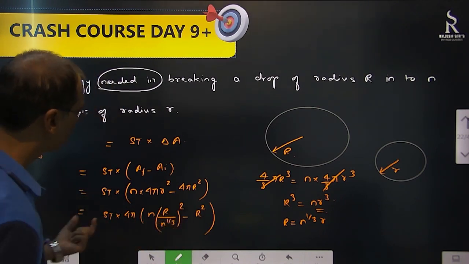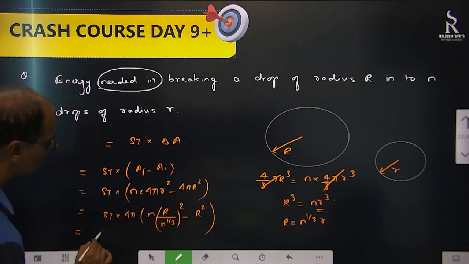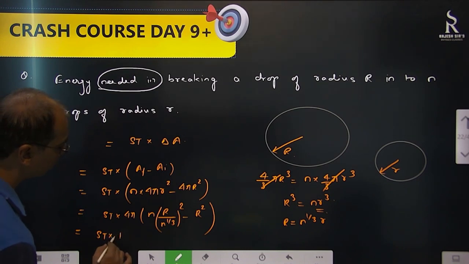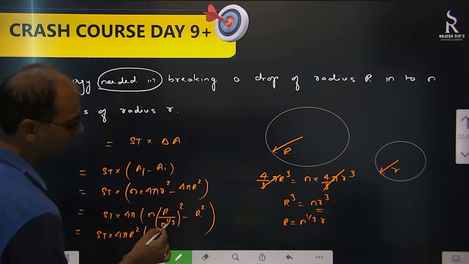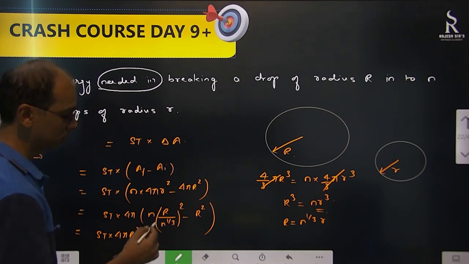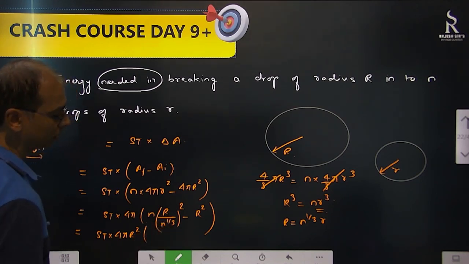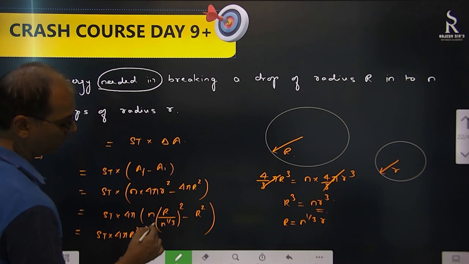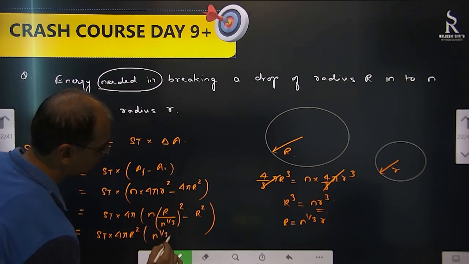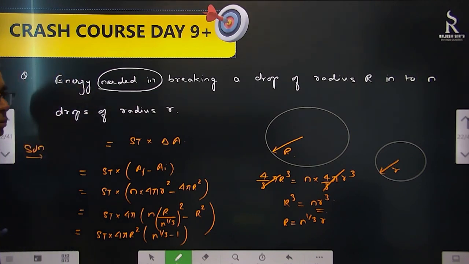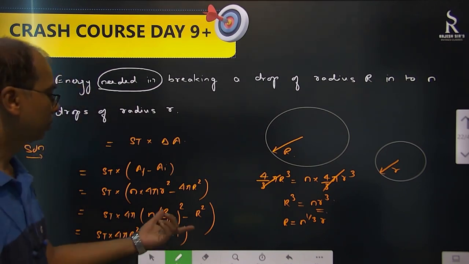So R square you can take outside: surface tension into 4 pi R square, n by n to the power 2 by 3. Square is there, n to the power 2 by 3. So n by n to the power 2 by 3 will give you n to the power 1 by 3, minus 1. n to the power 1 by 3 minus 1.